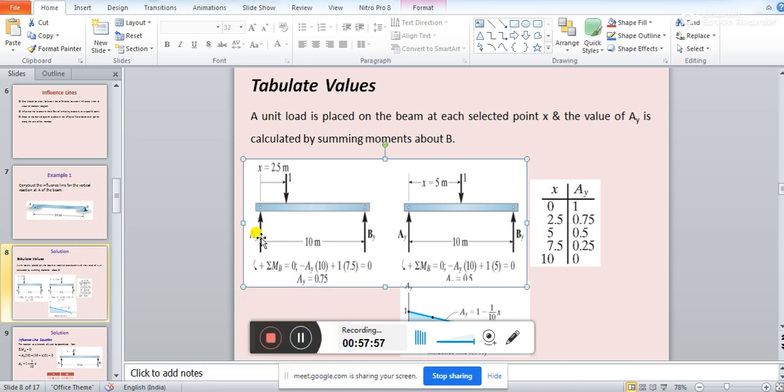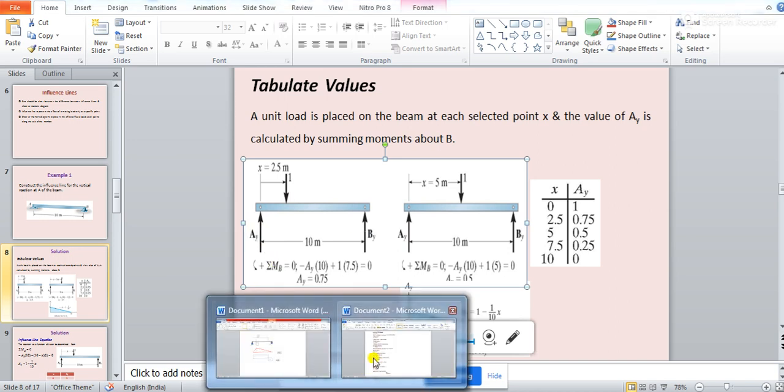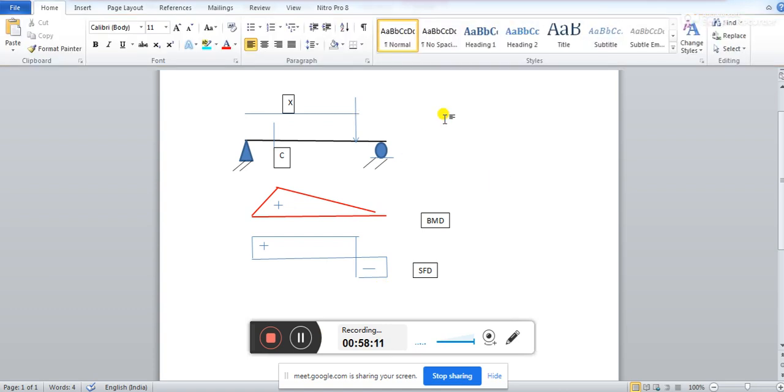Sir, by using a moment equation we can find. Yes, by using moment equation. So if you want to use moment equation, you will be writing RA into the distance, RA into 10, right?